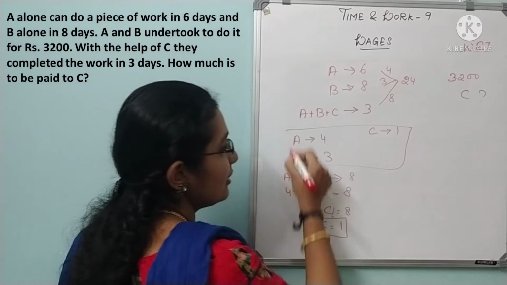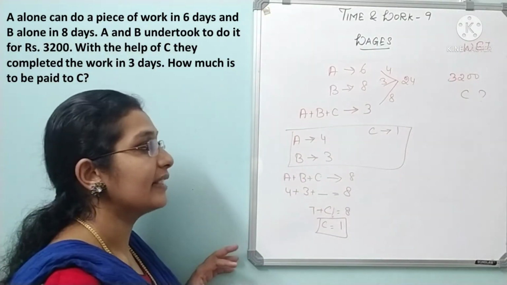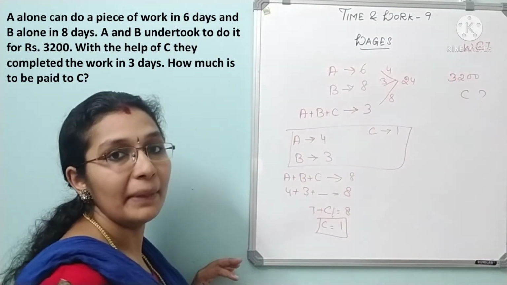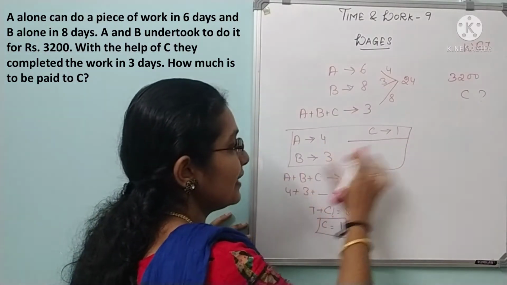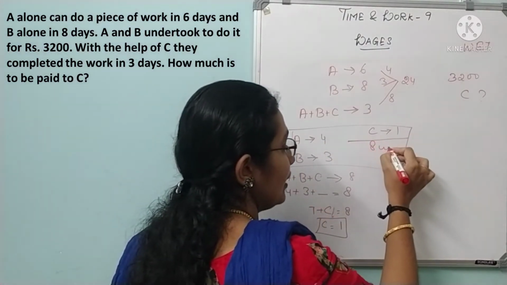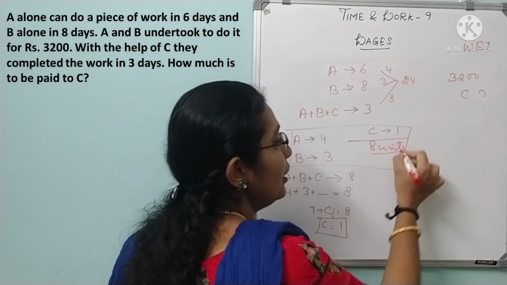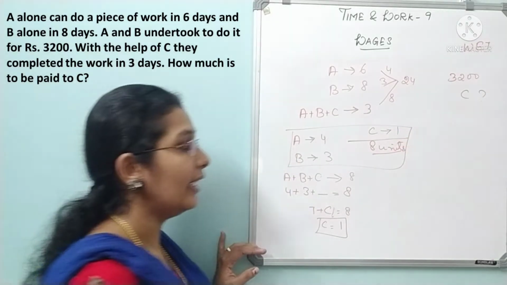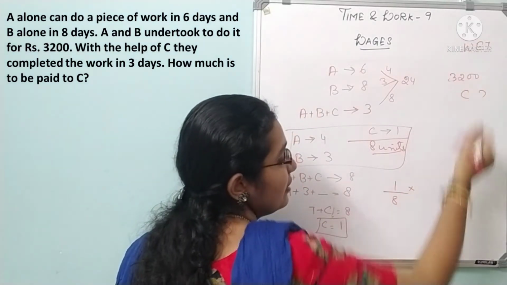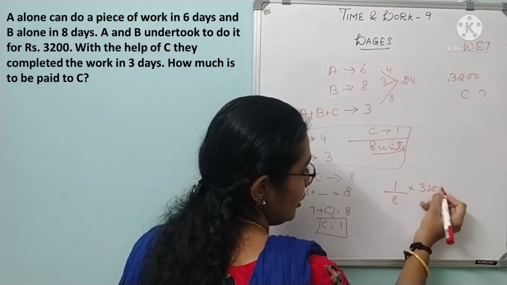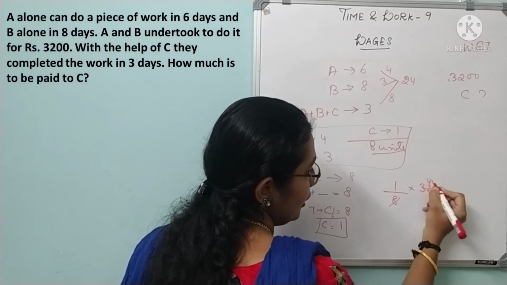Clear? So this is the important thing. Now they are asking how much is to be paid for C. So total work per day is 8 units. Clear? In that 1 unit is completed by C, right? So 1 by 8 into total amount, 3,200. So 8 4s are 32.